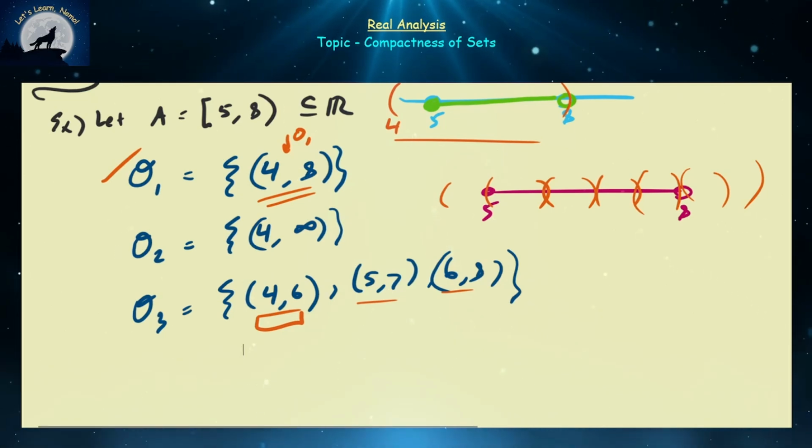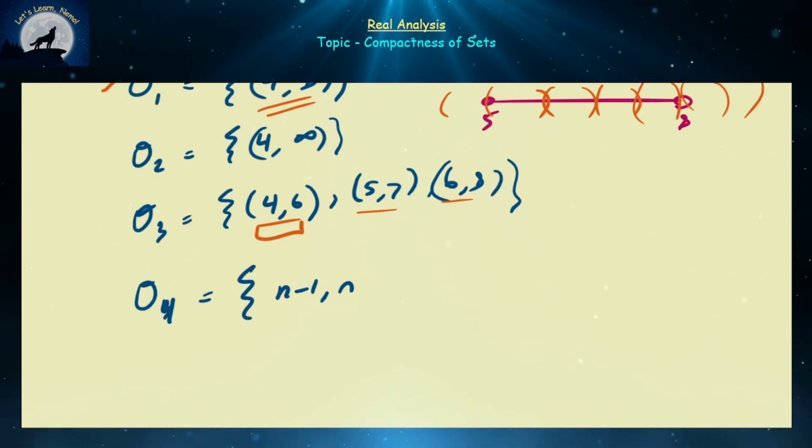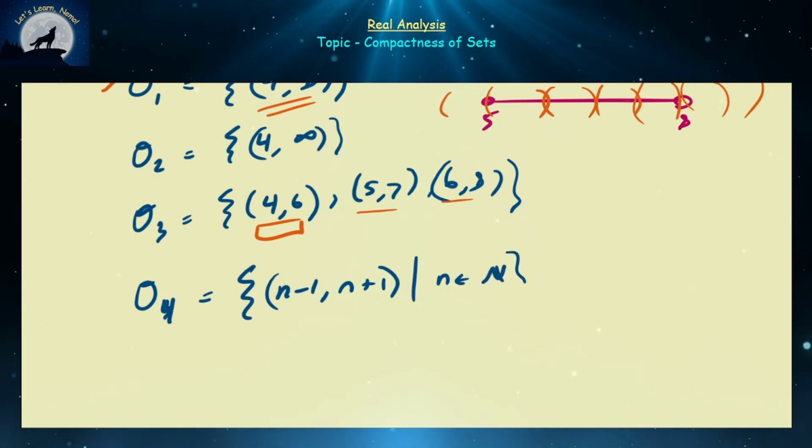So we can actually easily generalize this collection O3. Let's call it O4, and you can say that this is an open cover of the form (n minus 1, n plus 1), where n is a natural number. So this is pretty much a generalization of the collection O3.